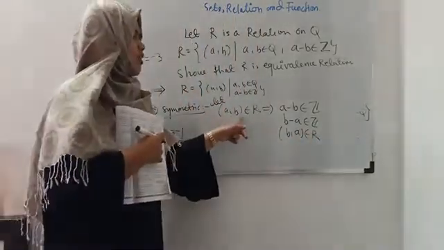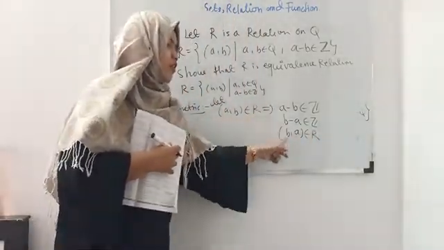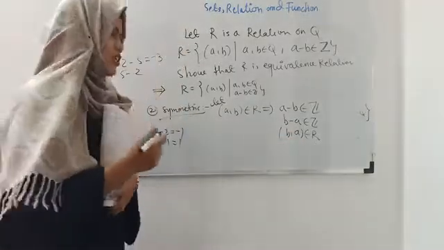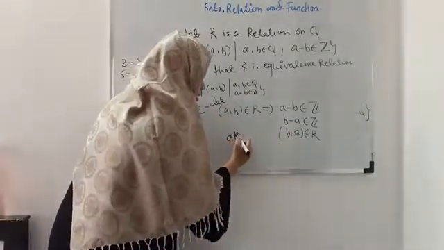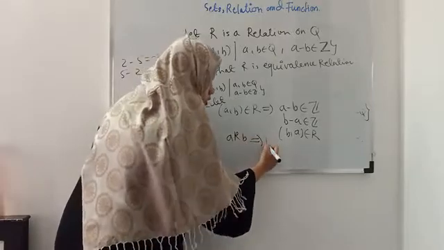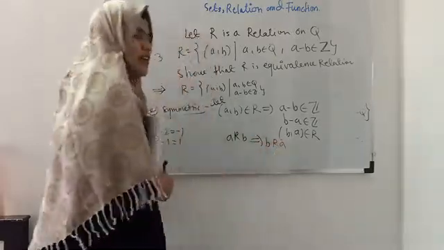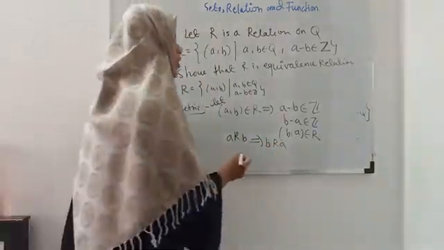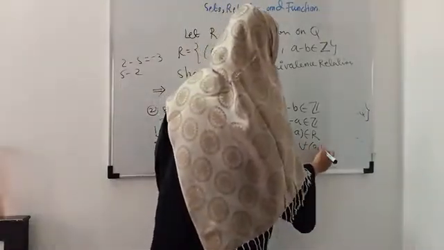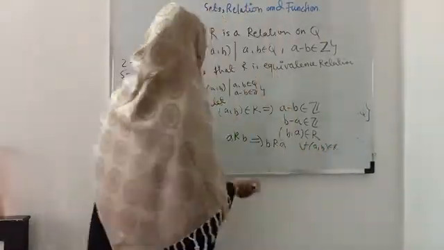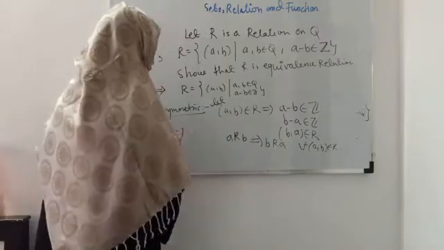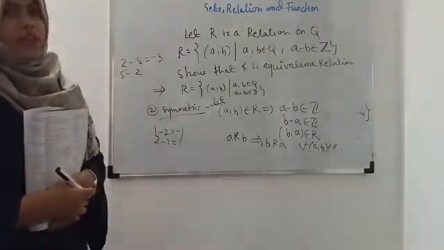So if (a, b) belongs to the relation, then (b, a) also belongs to the relation. That means if a is related to b, then b is also related to a, and it will hold for every (a, b) in the relation. Therefore, the given relation is symmetric.